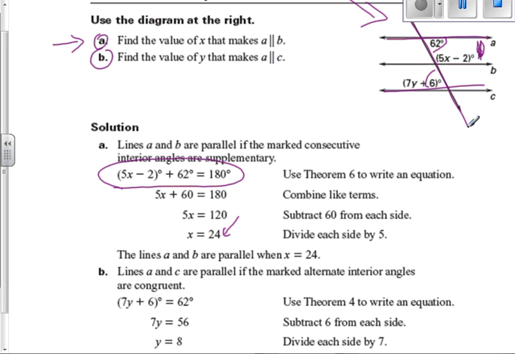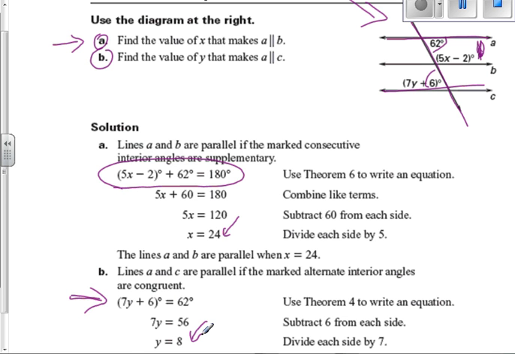Alternate interior angles are congruent. Therefore, 62 is equal to 7y plus 6. And if you notice all the way down here, that's exactly what they've done. So you solve for y, and y is equal to 8. So I know that when y is 8, lines A and C will be parallel.